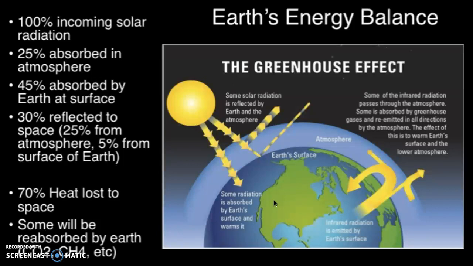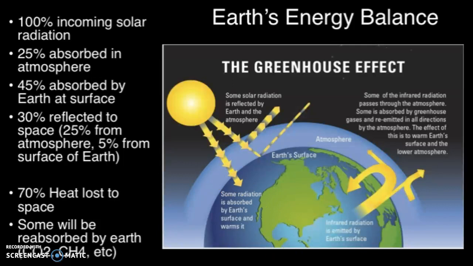And then 30% of that energy is going to be reflected back into space. From that amount that is reflected back into space, 25% is from the atmosphere directly, and then 5% is from the surface of the Earth.